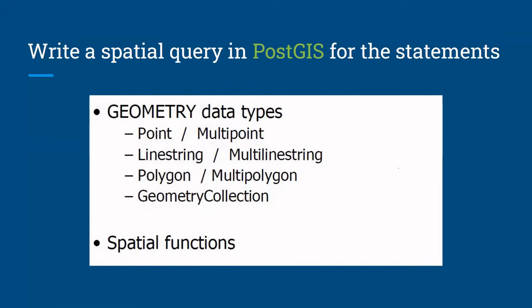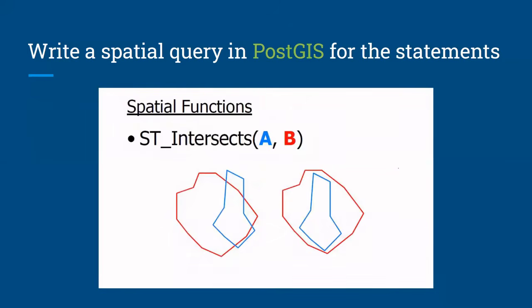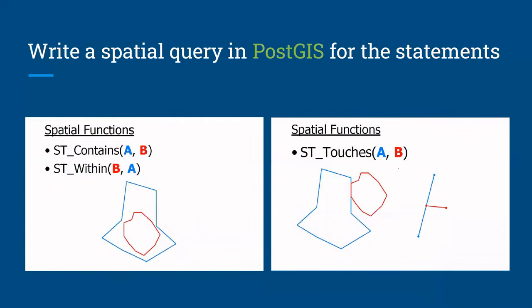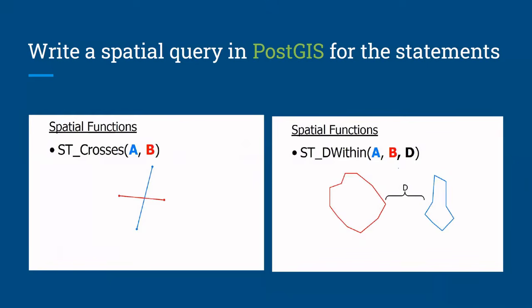It has the following geometric data types, such as point, line string, polygon, geometry collection, as well as spatial functions such as ST_Intersects. As we see here in the figure, we have A and B and they intersect. Other spatial functions are contains or within, touches, crosses, and distance within, DWithin.